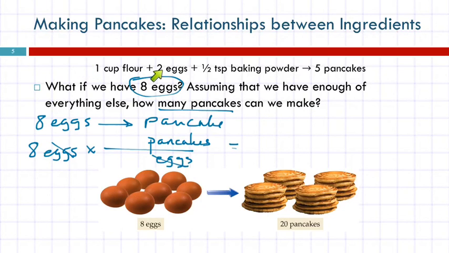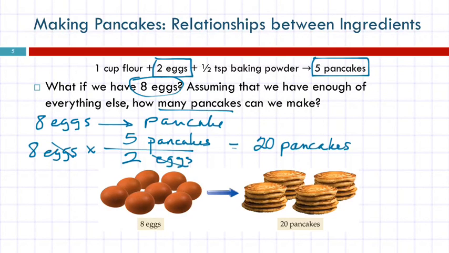There are 2 eggs needed for every 5 pancakes. So I am literally taking this 2 eggs and putting that in the denominator, and 5 pancakes and putting that in the numerator. 8 times 5 divided by 2, 20 pancakes. That's what you did in your head. Any questions?